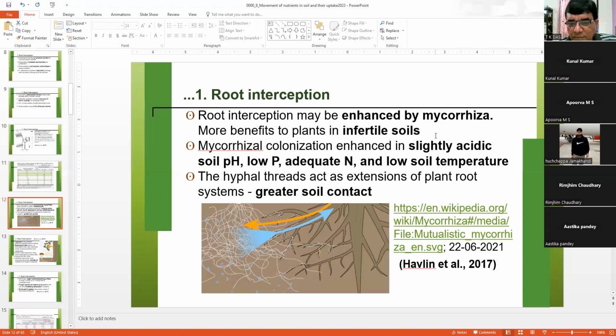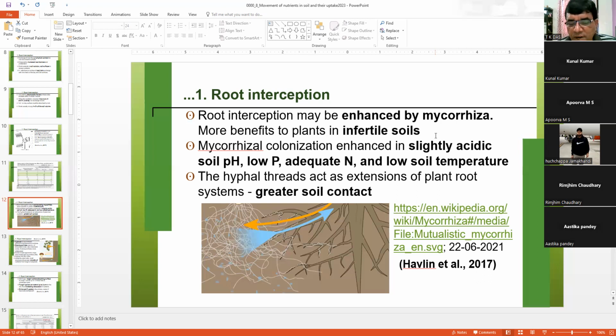So they are actually in a kind of mutual relationship where this fungus gets carbohydrates, or energy sources, and in turn it gives nutrients and water to the plant.